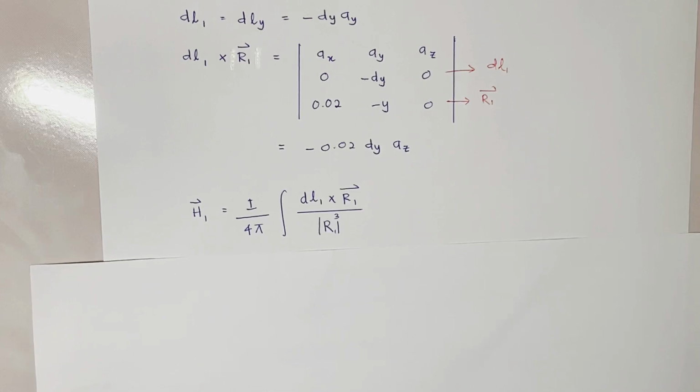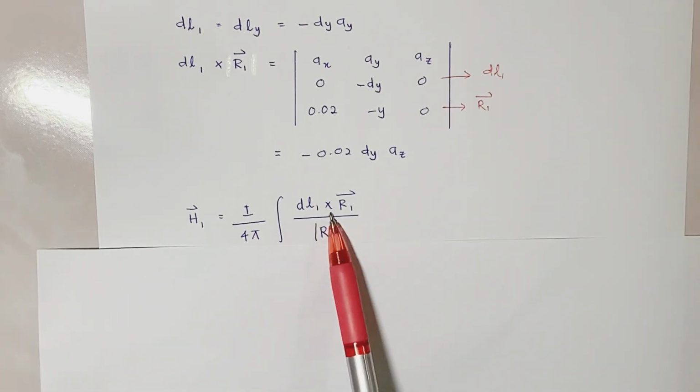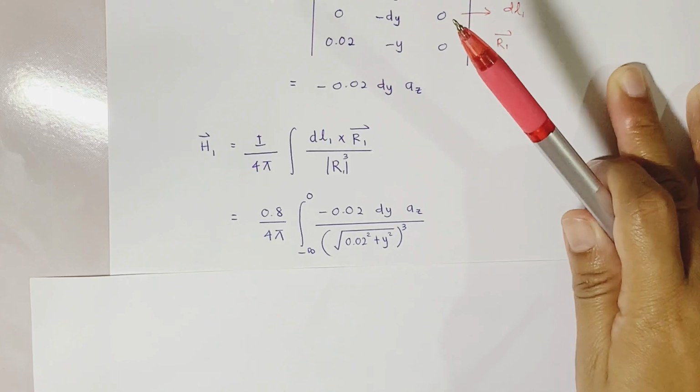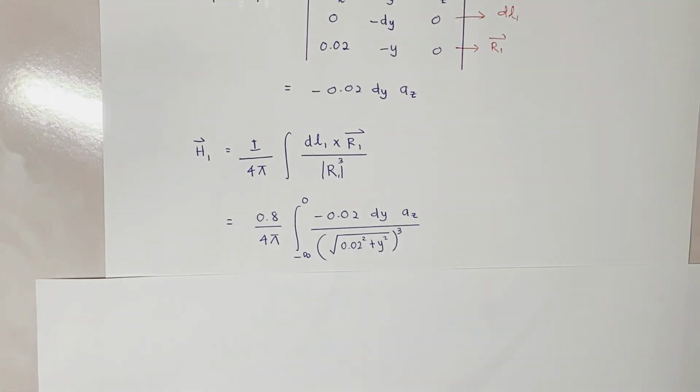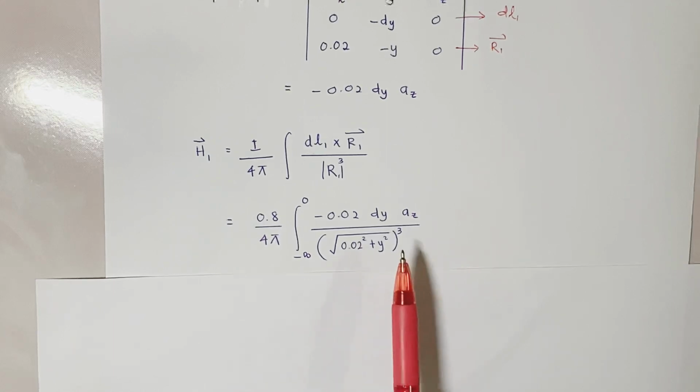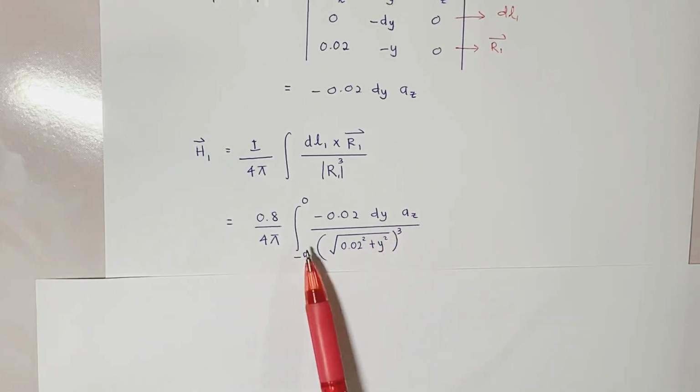Okay, so you already have all the values, dL1 cross R1, and then you have the magnitude. Now just substitute all the values into the equation. The integration is with respect to dy, from negative infinity to 0.